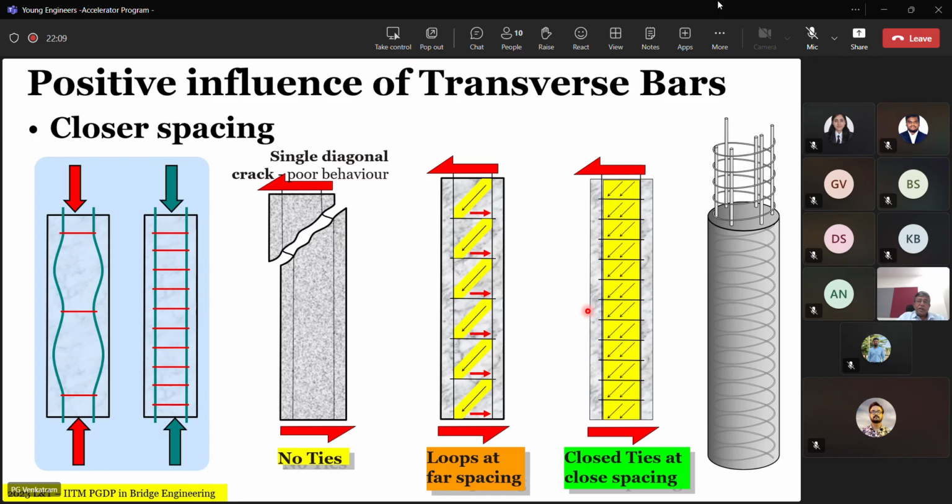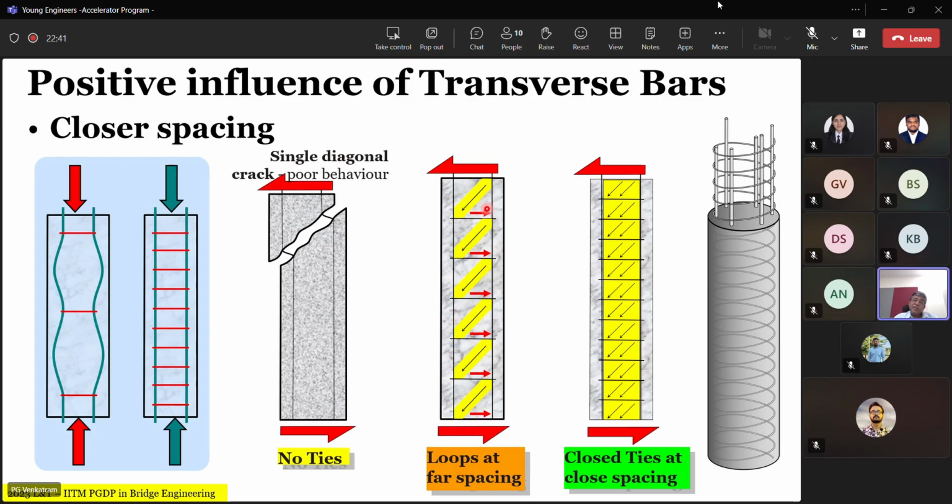Now imagine a situation where we have a column subjected to a lateral load and it has no ties. Then what will happen? With a single diagonal crack, the column will fail. This is a very poor behavior. Next, instead of that, we introduce horizontal ties at intervals.